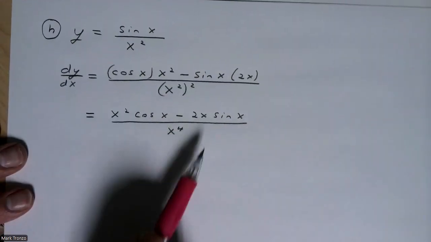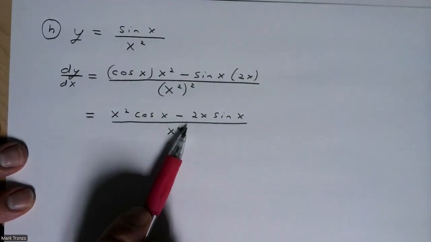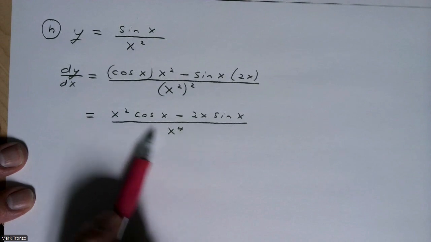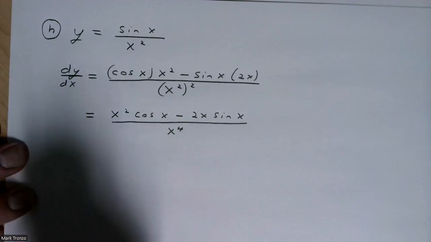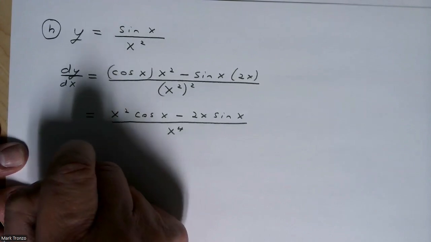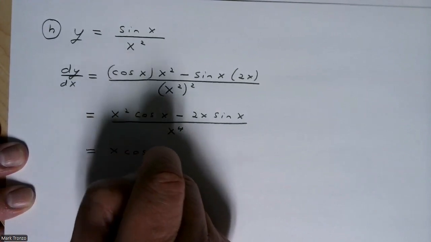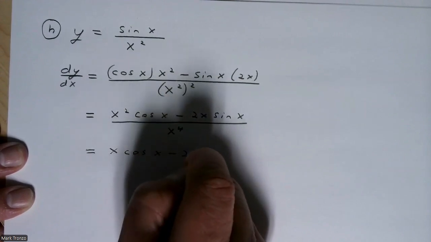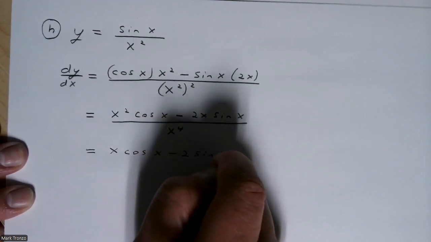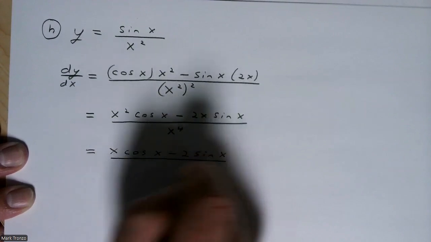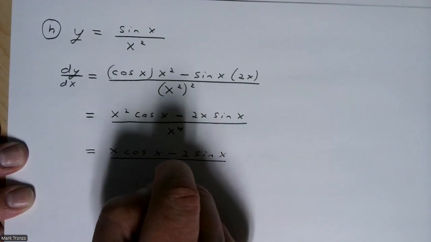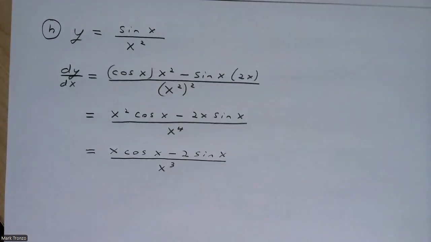Now notice we could factor an x out of both these terms and then cancel one of these here. So we would end up with x cos x minus 2 sine x divided by x cubed.